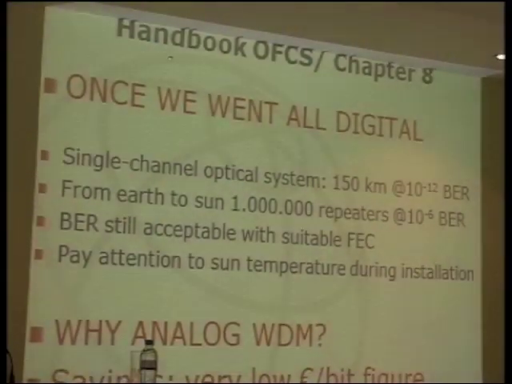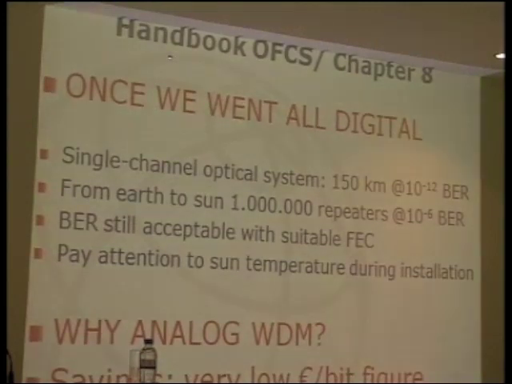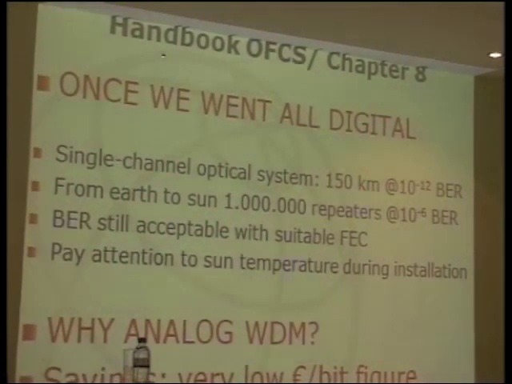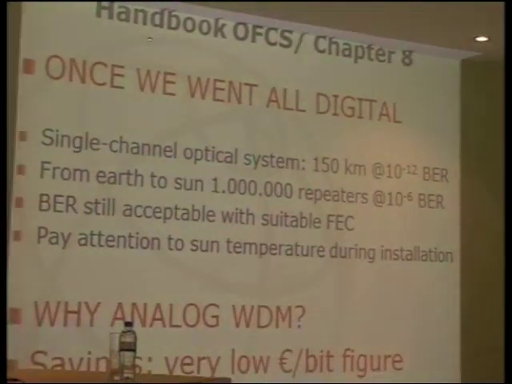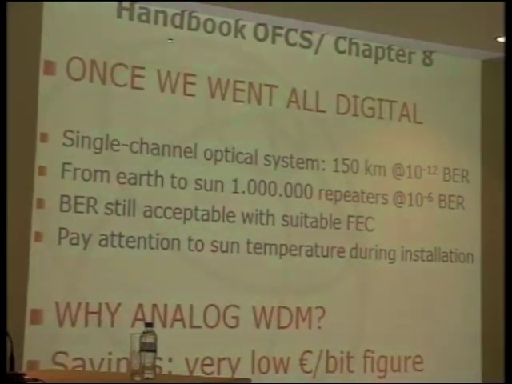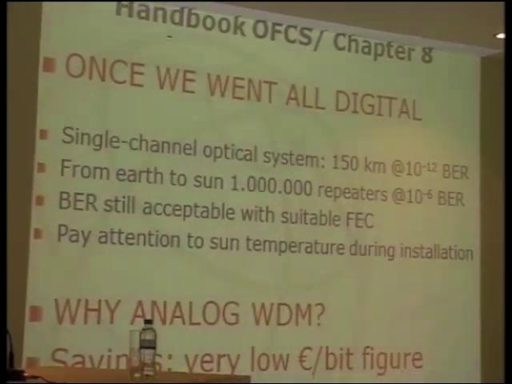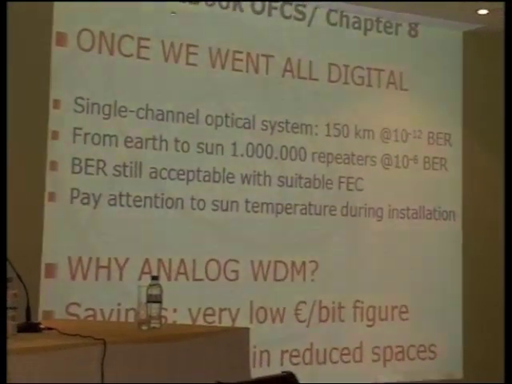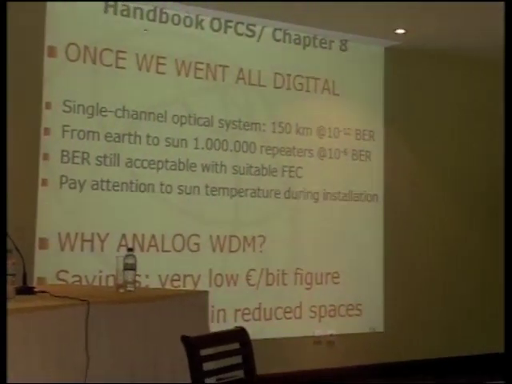There is a lab record in the world, which means a system which has been built in a research lab, which is able to transmit 40 terabit per second over a few hundred kilometers on a single fiber. This is the reason. We can save both money and space.